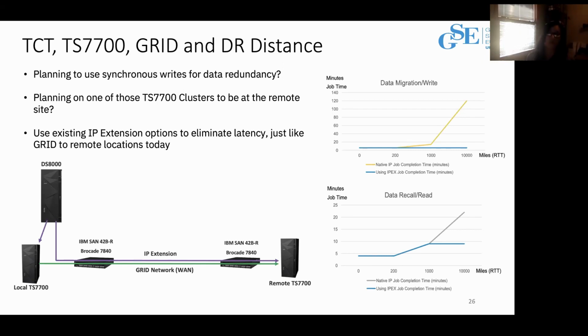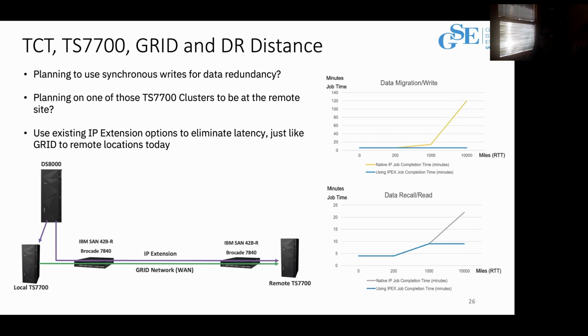And for those customers that do synchronous copies, they typically use IP extenders to do that. This basically shows you how much of a benefit you will get with an IP extender in your network.